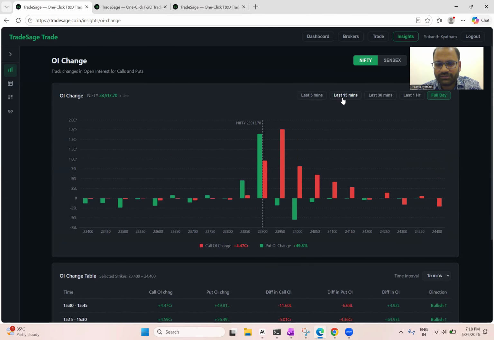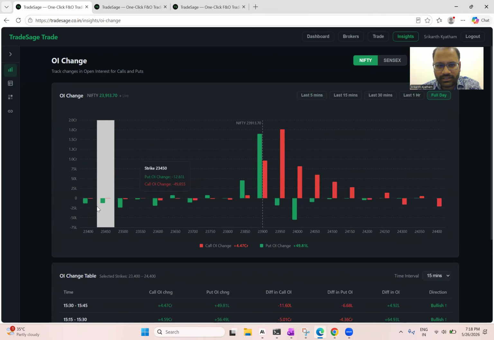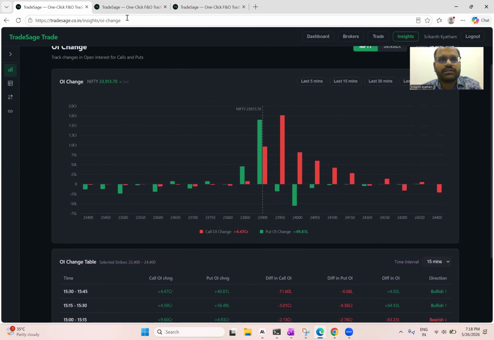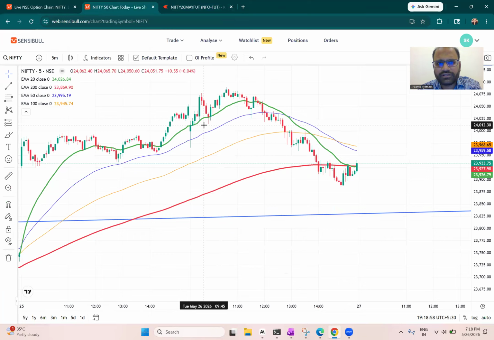Over here you could also see what is happening within the last 15 minutes, last 30 minutes. Okay. Actually, all this works during the market hours, but yeah, this is the chart. And the other data that you could see is, imagine today the market is at roughly plus or minus 50 points of 24,000.